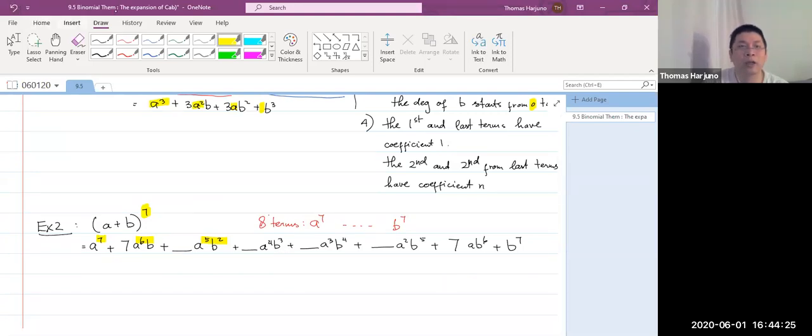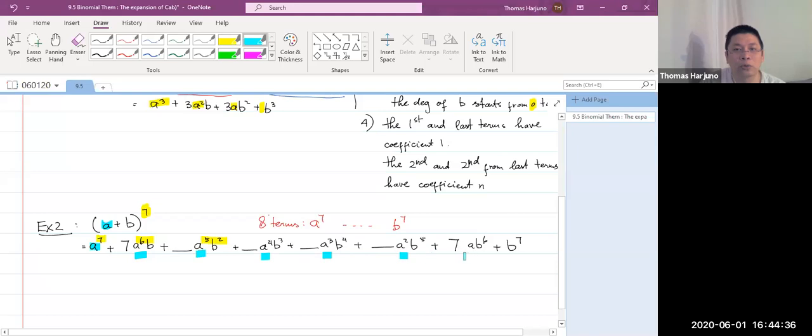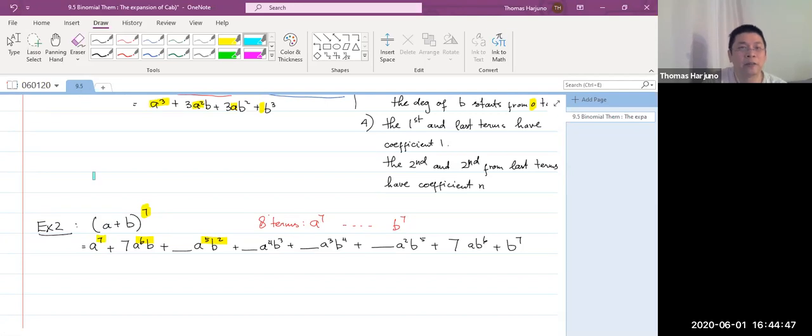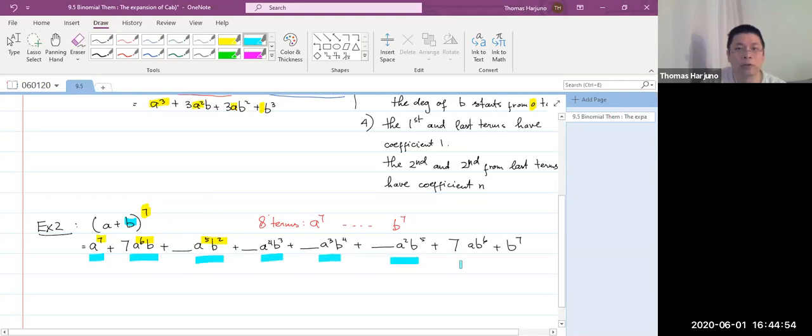The first term a starts from degree 7 and goes all the way down, 6, 5, 4, 3, 2, 1, to 0. And the degree of b, on the other hand, is increasing, from degree 0, b to the 1, b squared, b cubed, b to the 4, b to the 5, b to the 6, b to the 7.